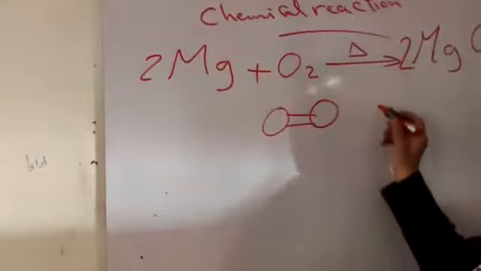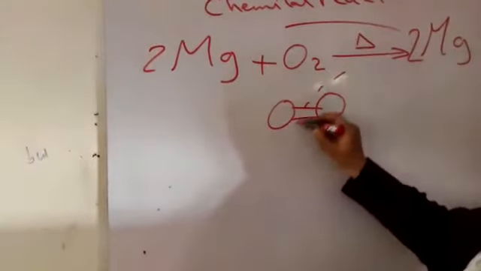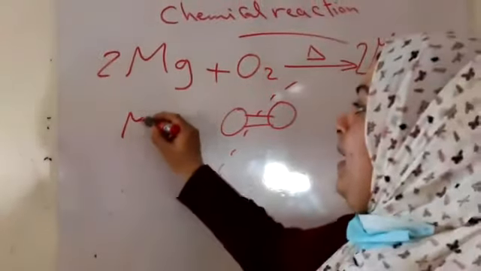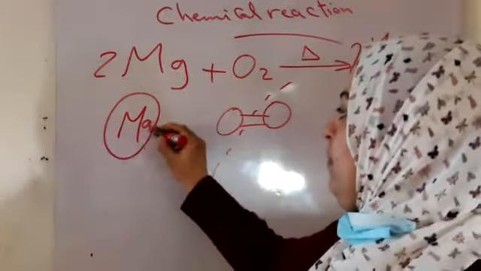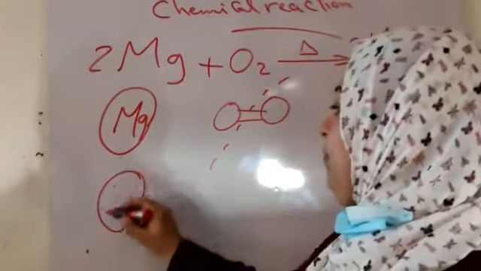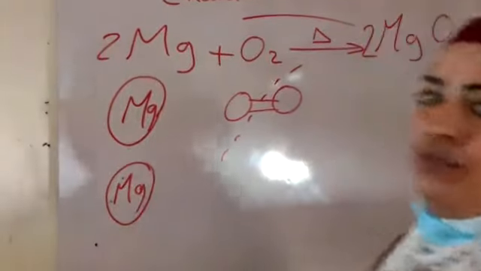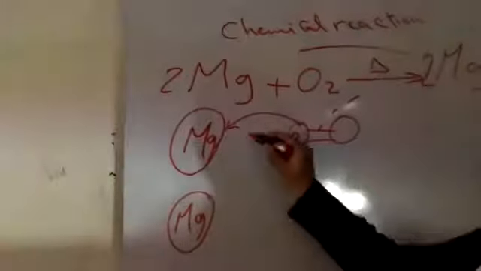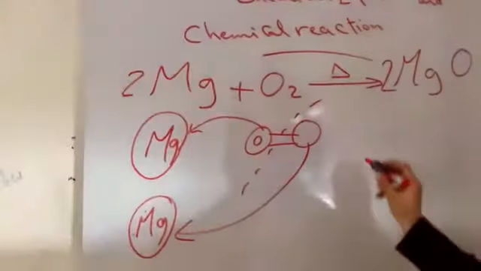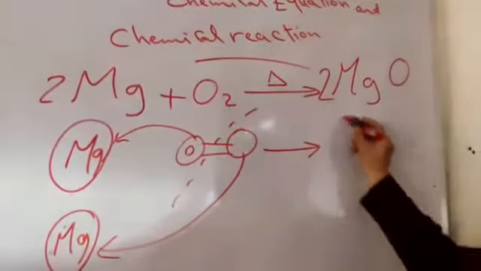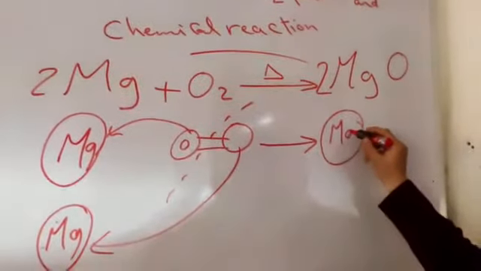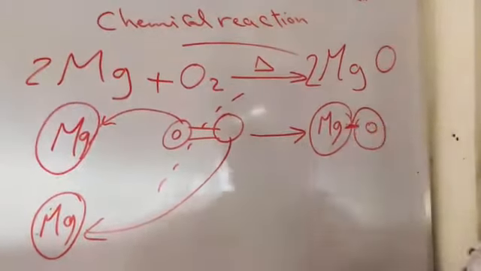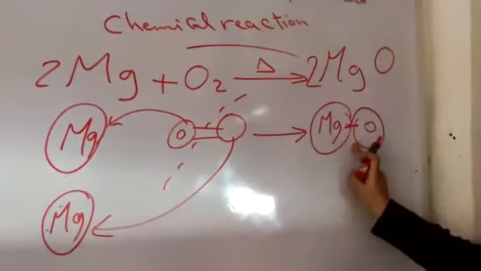The heat energy breaks the bond between oxygen and forms a new bond between magnesium atoms and oxygen, and forms a new compound as magnesium oxide. Two molecules of magnesium oxide, and this is an ionic bond.